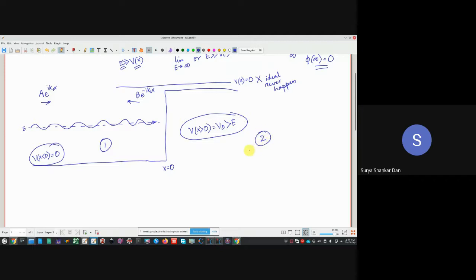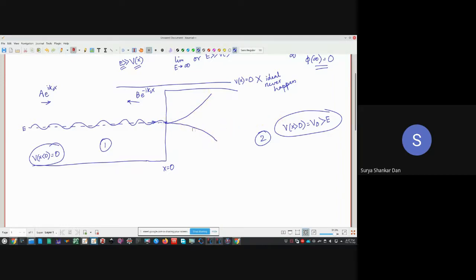In region 2, if you look, until the particle reaches here, now the question is whether the particle will basically go up like that or it will come down like this. Okay, not like this basically. Either it will go up like that or come down like this. Okay. So this is essentially going to be the e to the power of minus k2x term, C. And what will this one be?